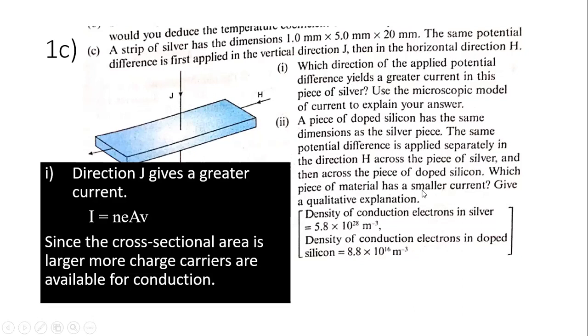Each piece of material has a smaller current. Give a qualitative explanation. Qualitative, you have to explain without using formula, without using calculation. They give you density of conduction electrons in silver, density of conduction electrons in doped silicon. So what is the answer?